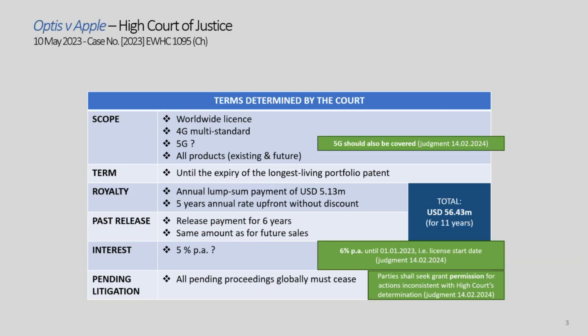And then there was also the discussion how to deal with the other pending proceedings, especially the US proceedings. Here, the High Court said this should stop. And in this follow-up judgment, it included a provision that the parties should seek permission by the UK court for actions that could be inconsistent with the High Court determination.